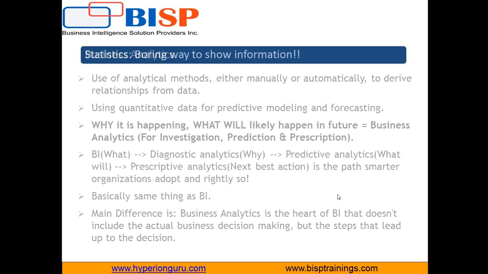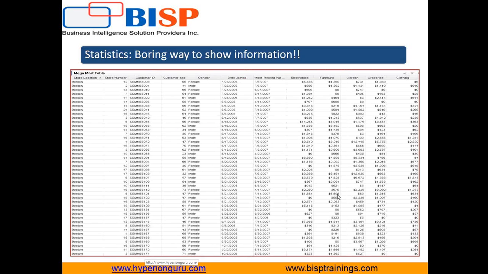Statistics, as we discussed in the demo session, is actually not boring, though it's not appealing at all, because it involves a lot of effort from your side to understand the data, for example for Mega Mart store. You need to see that this product was sold on this day.